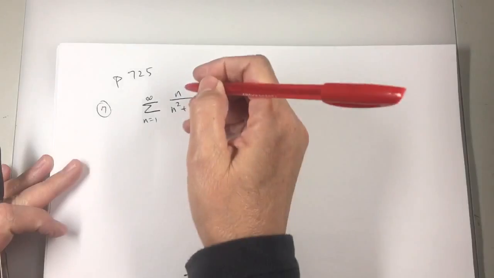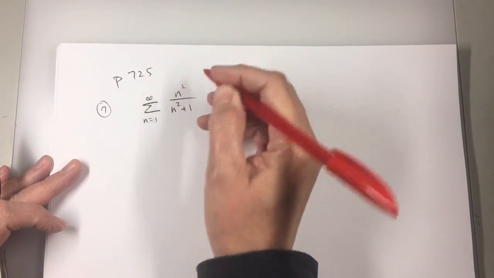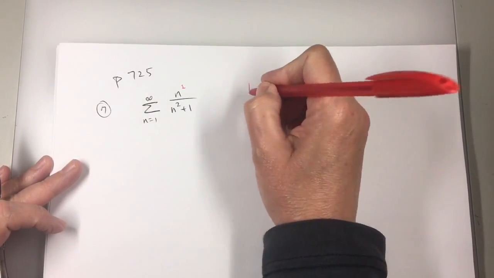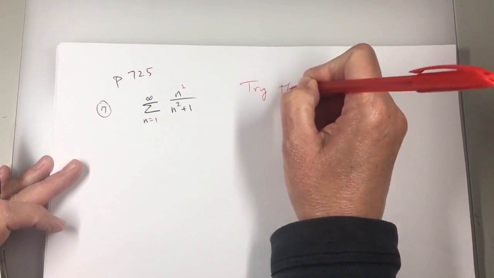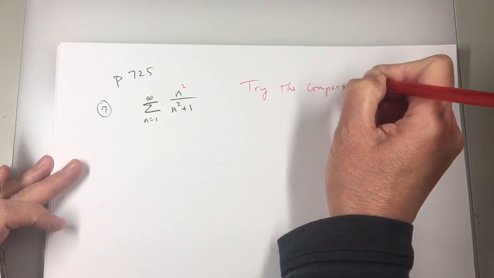So I'm looking at the numerator, the degree is 1. The denominator, the degree is 2. So let's try this. Try the comparison test. One of the comparison tests, I don't know which one yet.